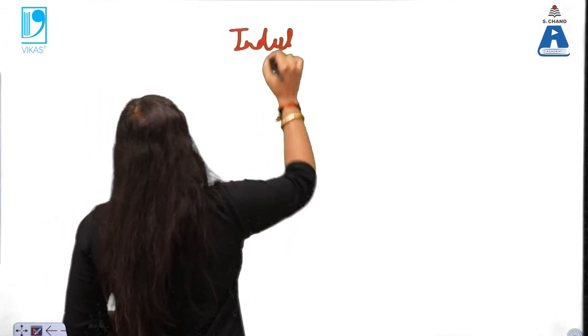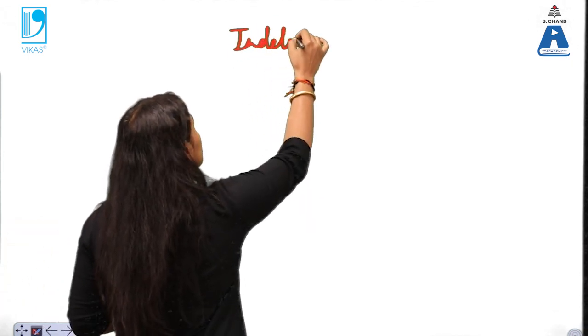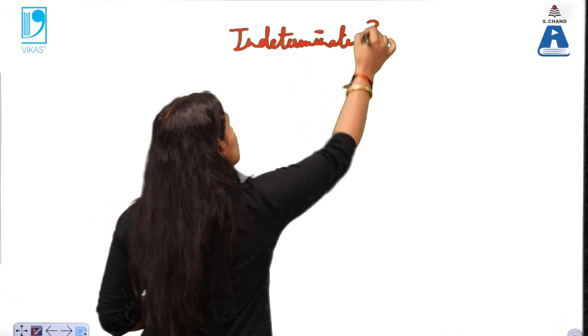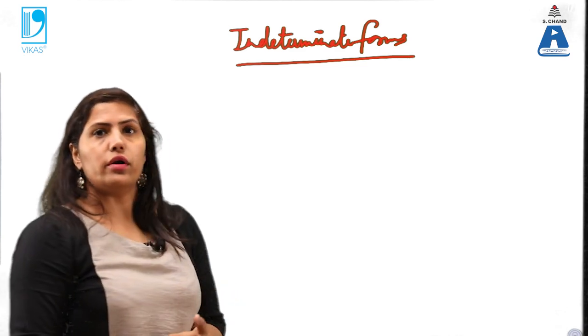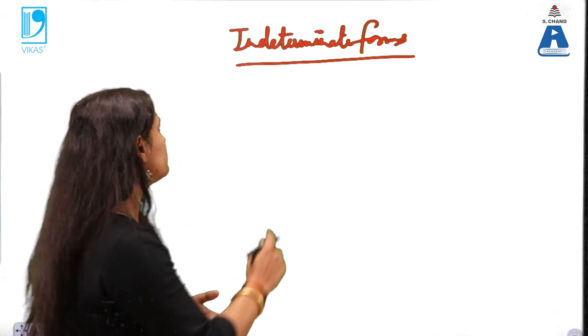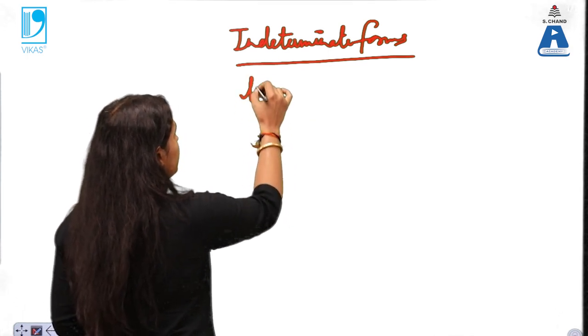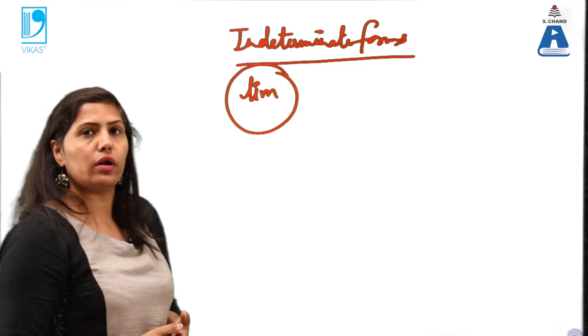So indeterminate forms. First we'll discuss what those forms are. The concept is related to limit. This is all about limit. We always talk about the limit of a function.